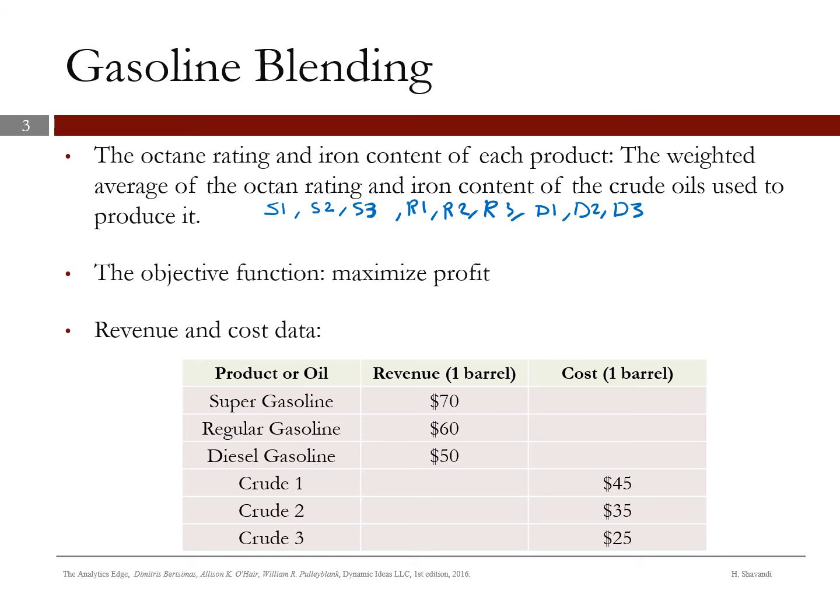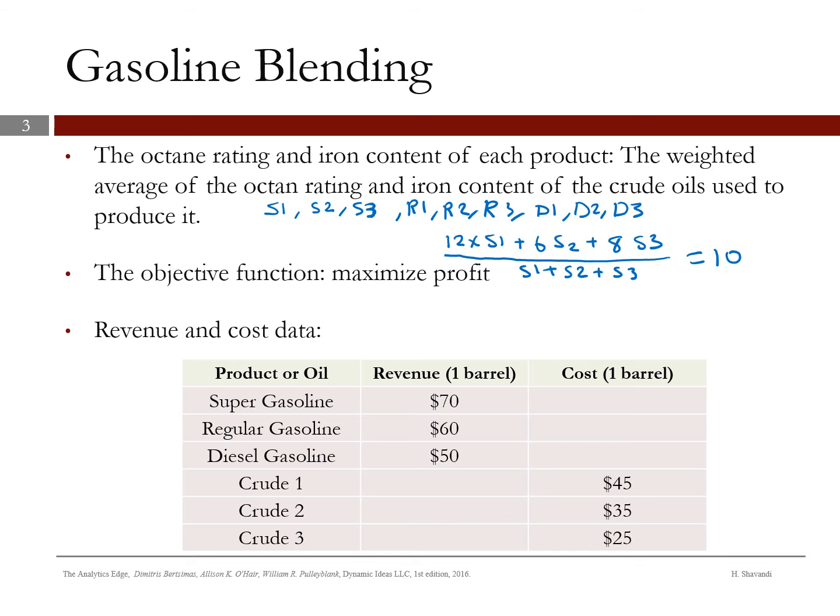So in that case, we will have 12 times S1 plus, and the octane rating of crude oil type 2 is 6. So 6 times S2 plus, and the octane rating of crude oil 3 is 8. 8 times S3, and then if we divide this by S1 plus S2 plus S3, this would be the weighted average of octane rating for super gasoline, and this should be equal to 10.